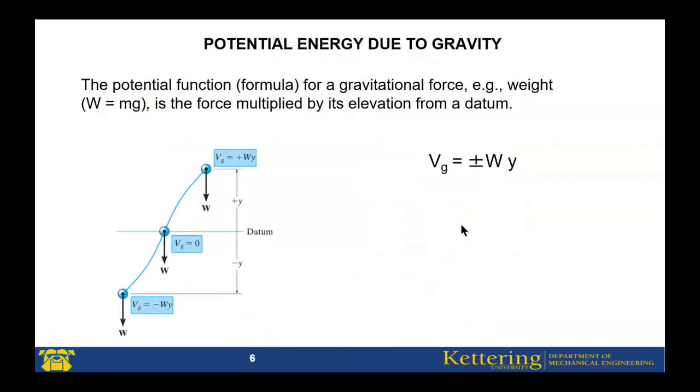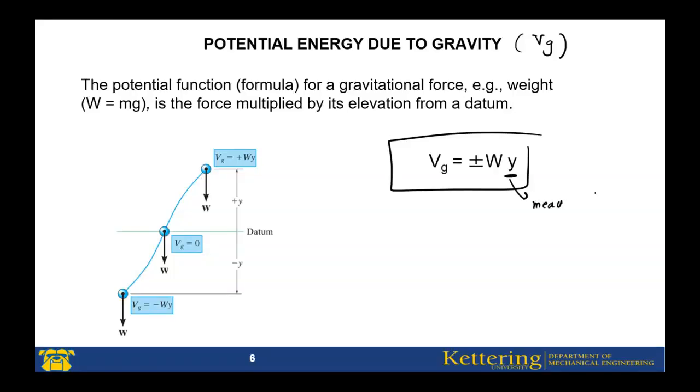First, the potential energy because of gravity. Vg is the potential energy because of gravity, and we can find it using this equation: Vg equals positive or negative weight multiplied by y, that is the height measured from the datum line.